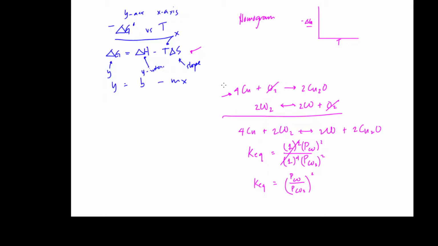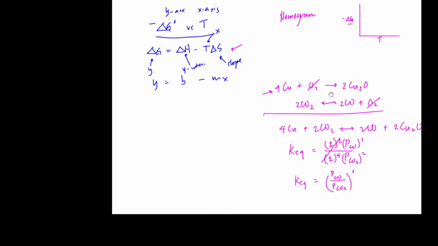If that's the case, then we can convert again from 4Cu plus O2 yields 2Cu2O, into one using H2O. The reaction we will use is the hydrolysis of water. So that's H plus O yields H2O.